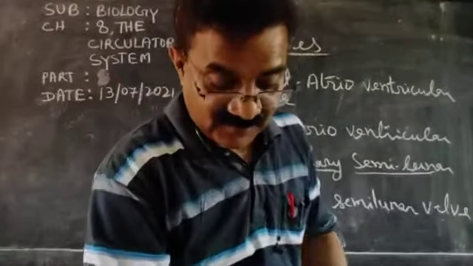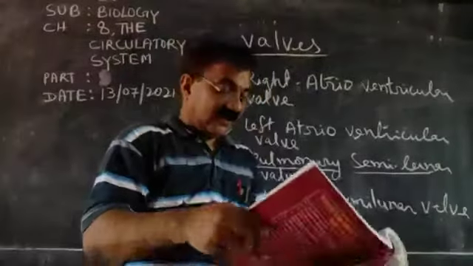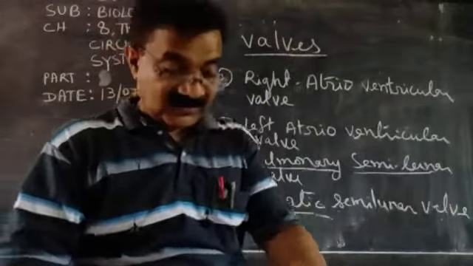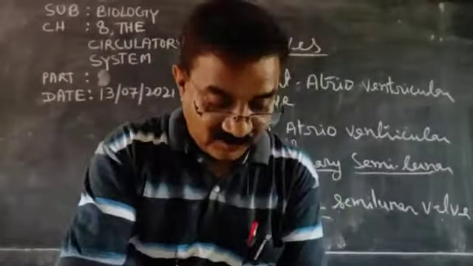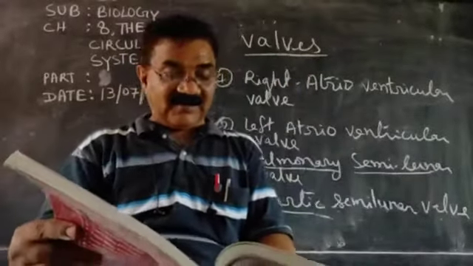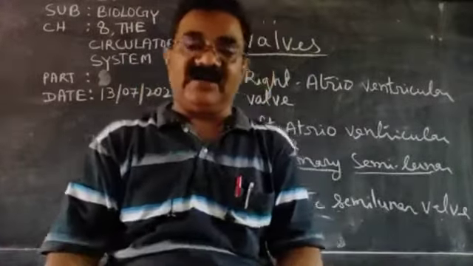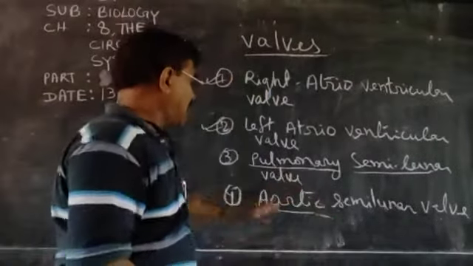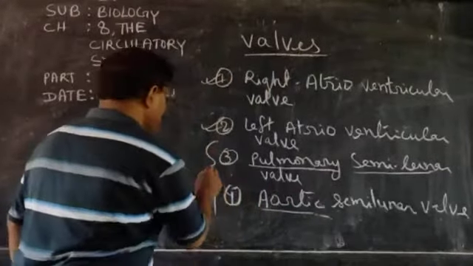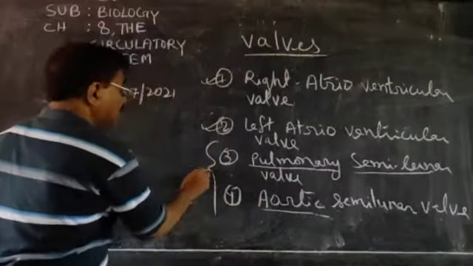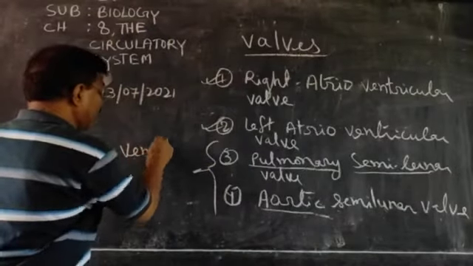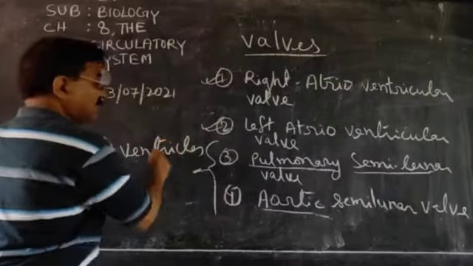Very clear. So first let us discuss the pulmonary semilunar valve, located at the opening of the right ventricle, and these valves are located at the ventricle, meaning they are coming out from the ventricle.